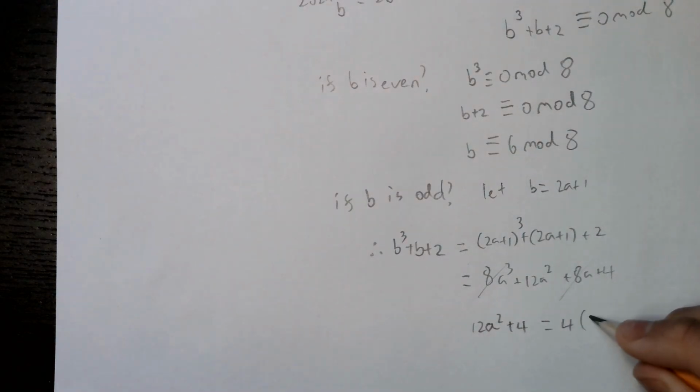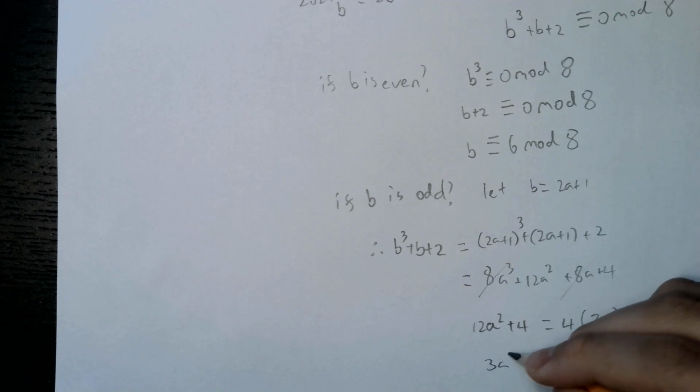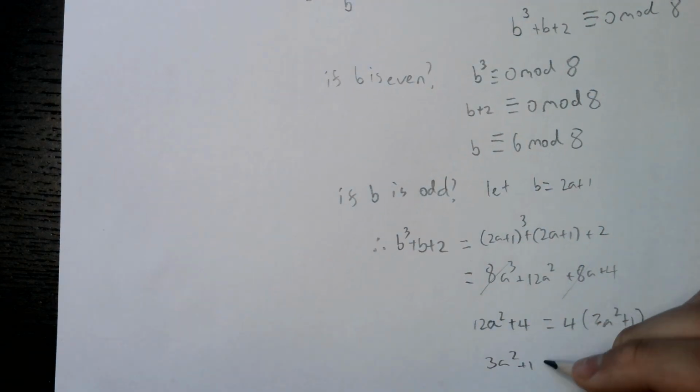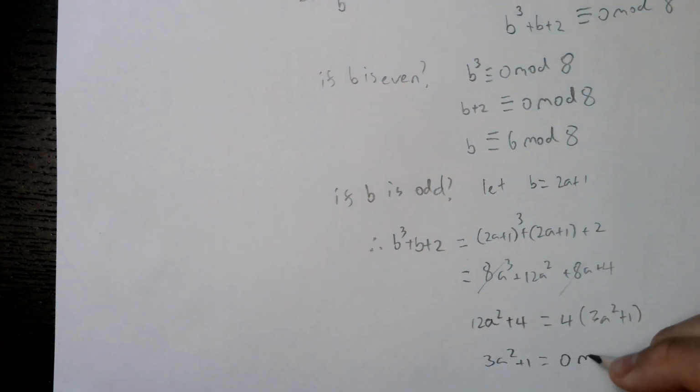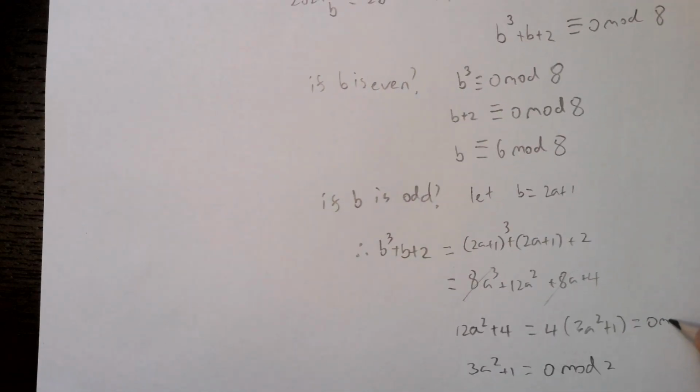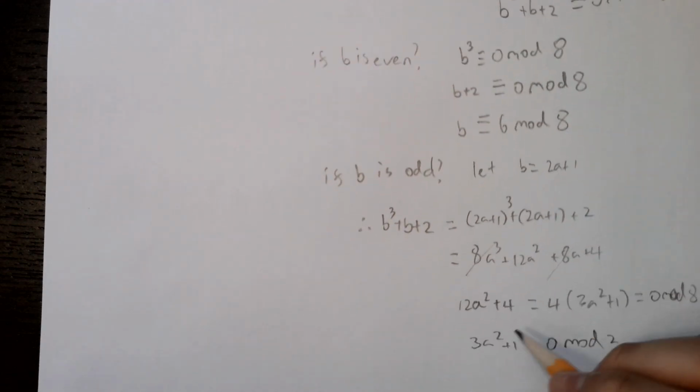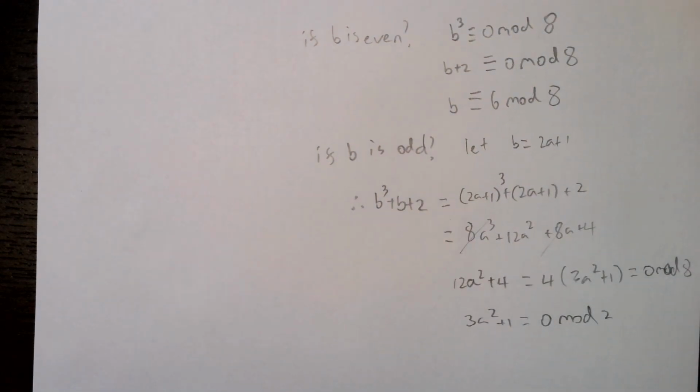We're going to factor out the 4, giving 3a squared plus 1, and this means that 3a squared plus 1 has to be equal to 0 modulo 2, because the whole thing is 0 modulo 8 and you factor out the 4 from both sides.